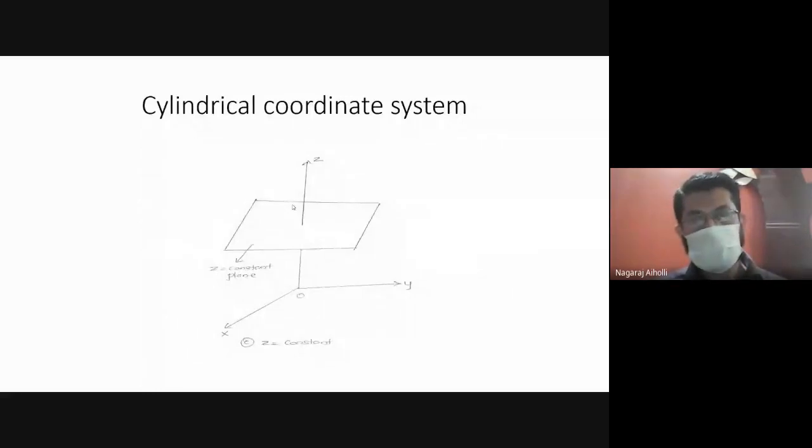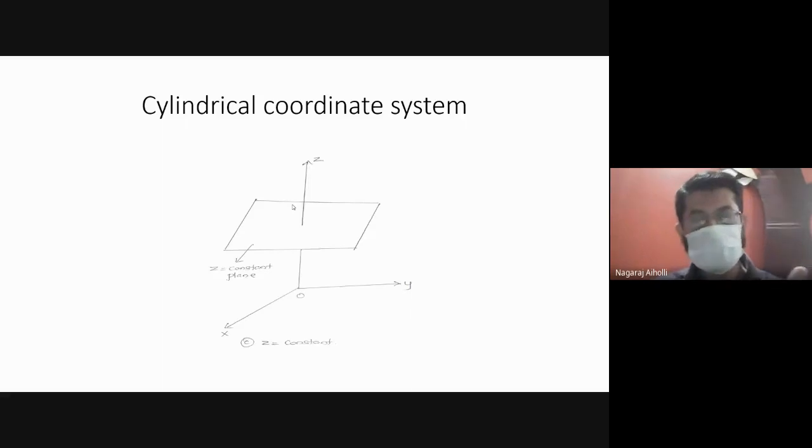If you consider the corners of a room, and you are placing the plane along the z axis, the z equal to constant plane will be parallel to the xy plane. It will be parallel to the floor.